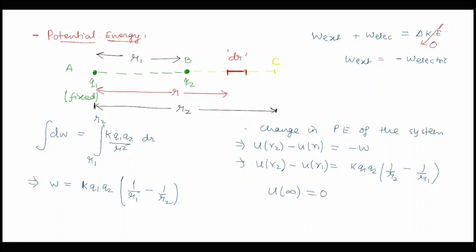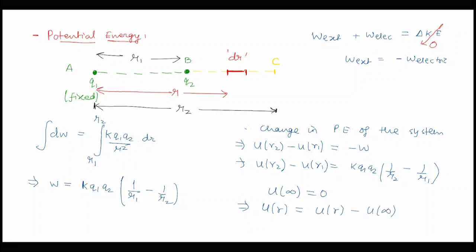So the potential energy when the separation between them is R can be written as U R equal to potential energy at R minus potential energy at infinity.